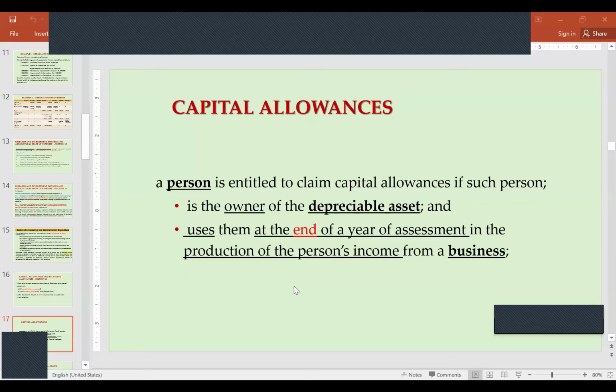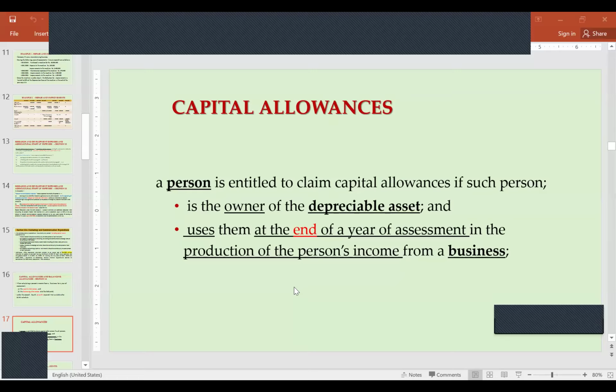For an example, if we purchased a machine for the production of our business income, we cannot use that machine only in 1 year. We can use that machine for several periods. Therefore, the total cost of that asset cannot be deducted in 1 year of assessment because the lifetime of that machine is not only 1 year, it is more than 1 year.